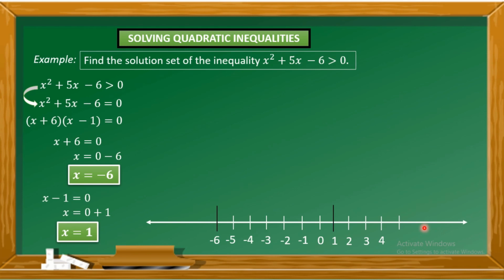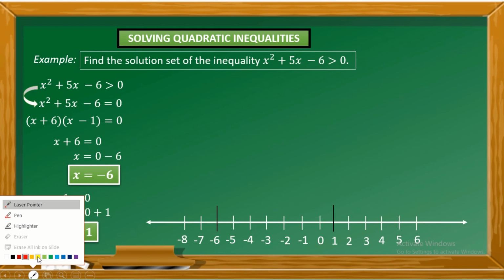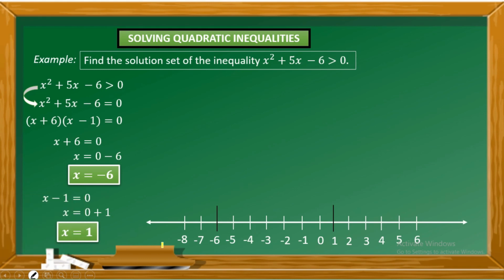And here at the left, this one is negative 7, negative 8, negative 9, negative 10, negative 11, up to negative infinity. Notice that when we put boundaries at negative 6 and positive 1, we divided the number line into 3 parts. I'll show you the 3 parts.